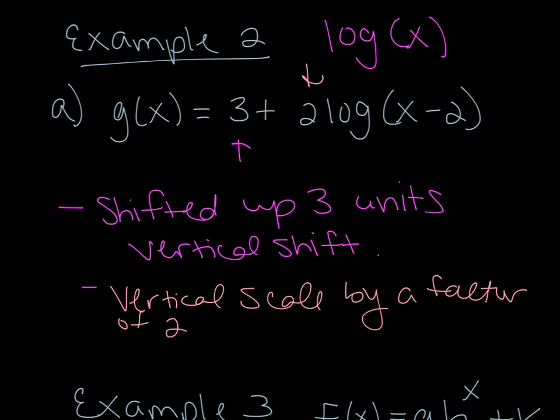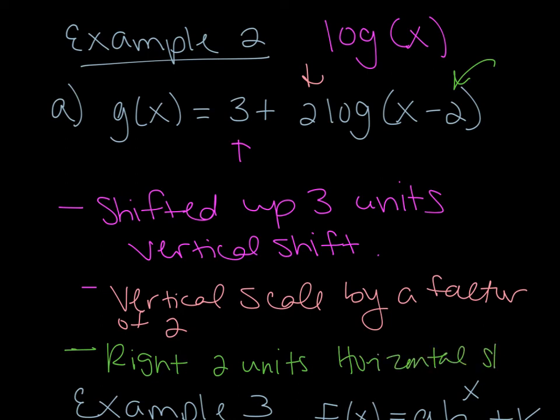And the last thing I have going on here is the 2 on the inside. It's a -2, which means I moved right 2 units, which is a horizontal shift.